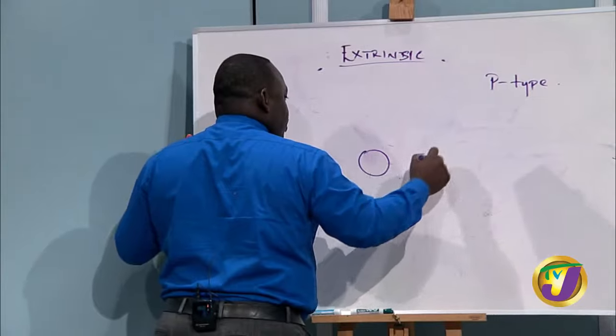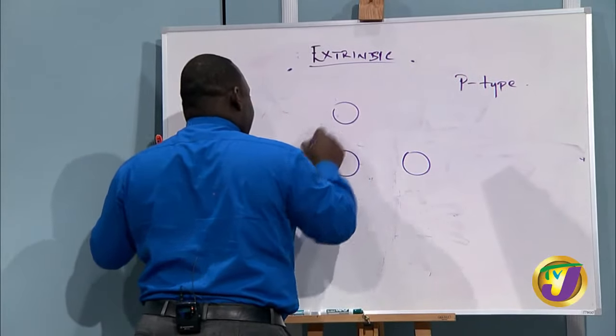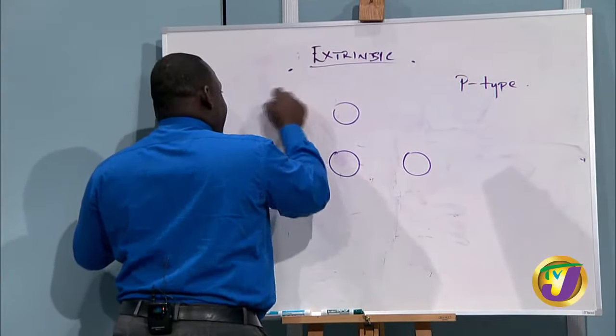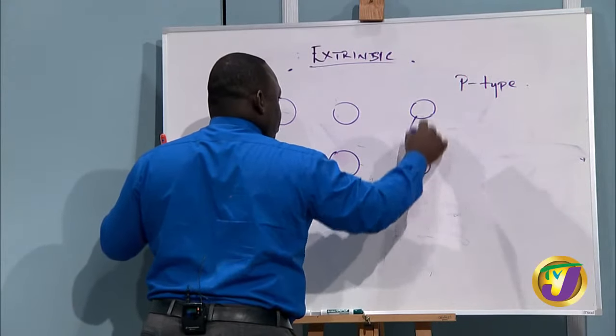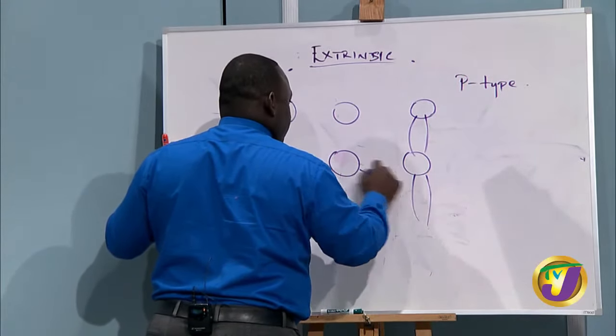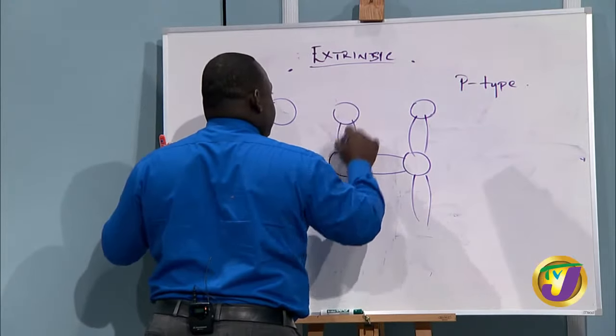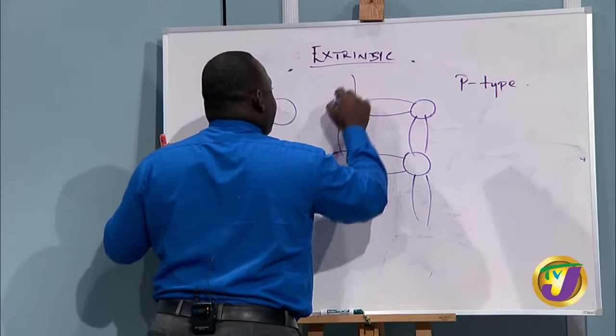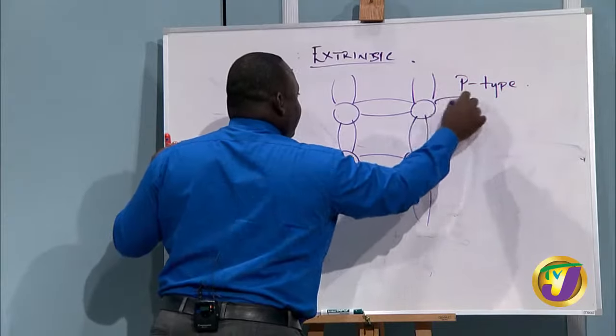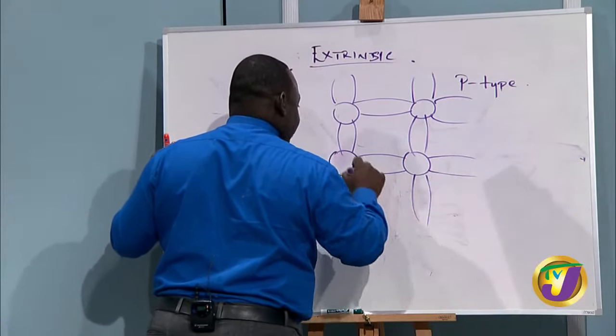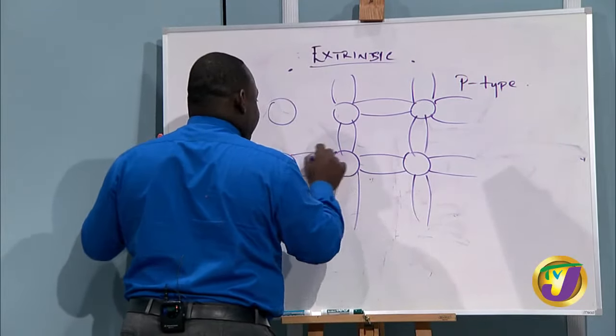As we mentioned earlier, we have our crystal lattice structure, and we also have the covalent bonds being formed, which is the sharing of electrons.